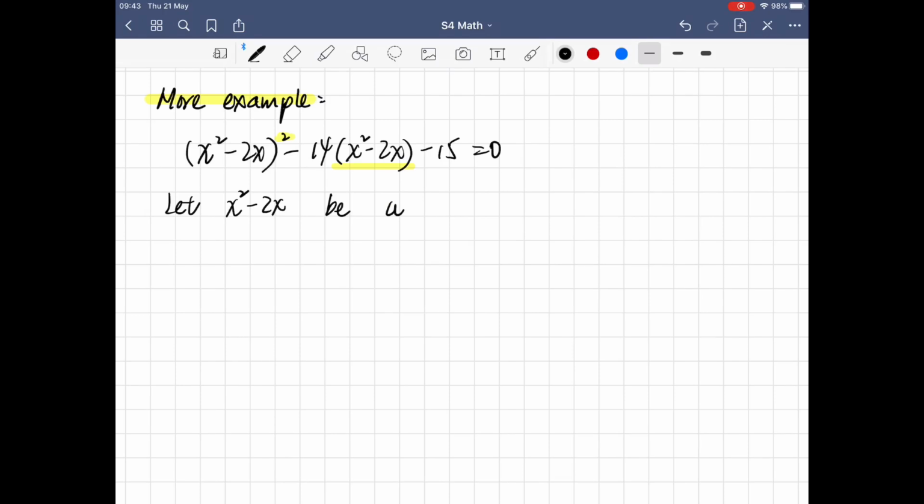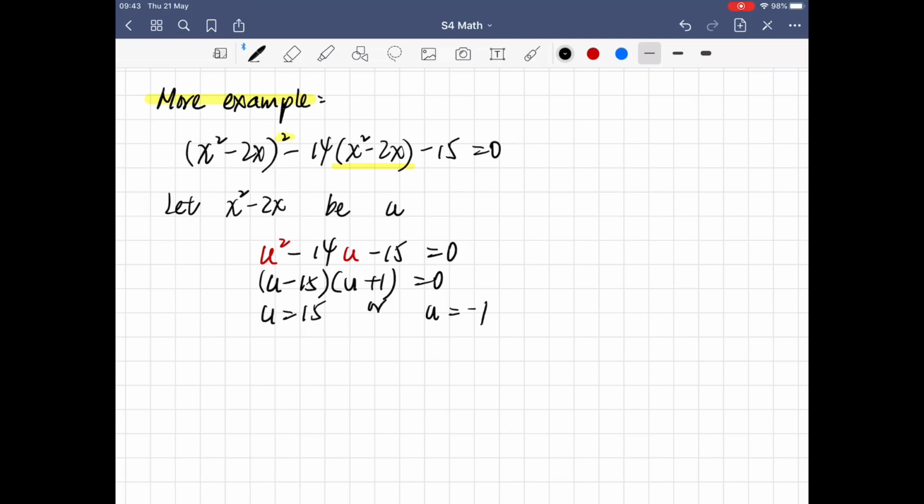Therefore this question will simplify into u squared minus 14u minus 15 equal to 0. Again, as you can see, it becomes a simple quadratic equation, so we can solve it. Therefore (u minus 15)(u plus 1) equals 0, and u equals 15 or u equals negative 1. Again, we have to substitute back the x squared minus 2x into the question.